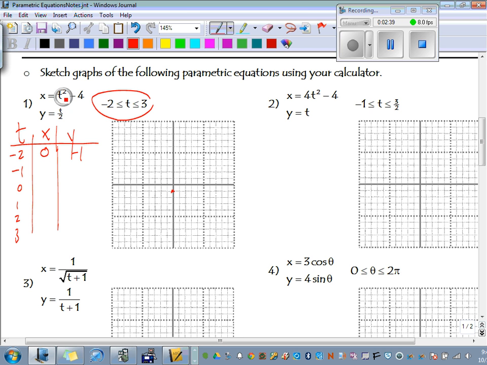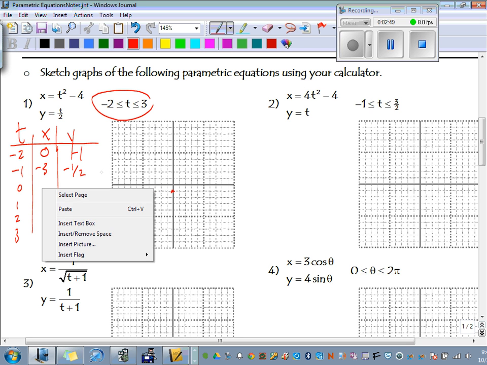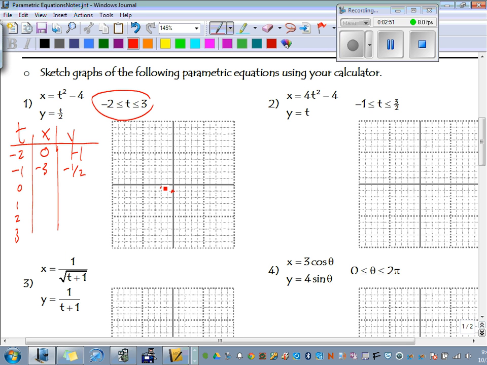Put negative 1 in, we're going to get negative 3 for x and negative 1/2 for y. So negative 3, negative 1/2. Alright, put 0 in, we're going to get negative 4 and 0. Put 1 in, we're going to get negative 3, positive 1/2.